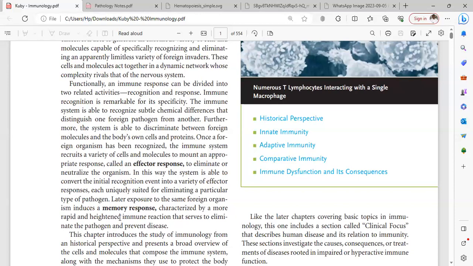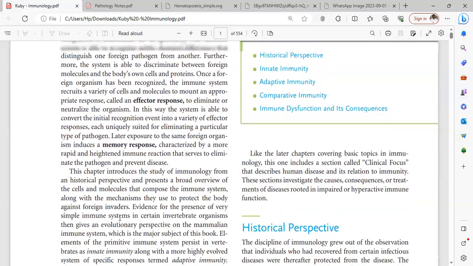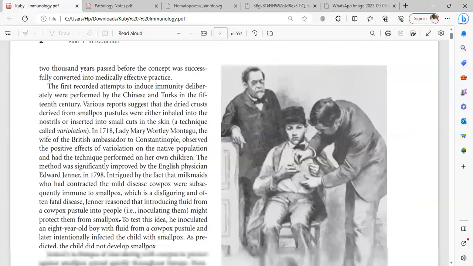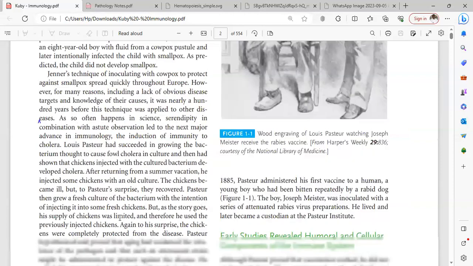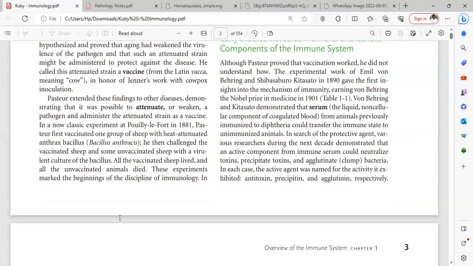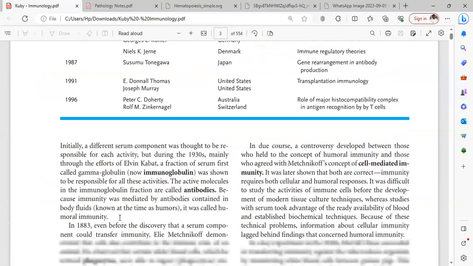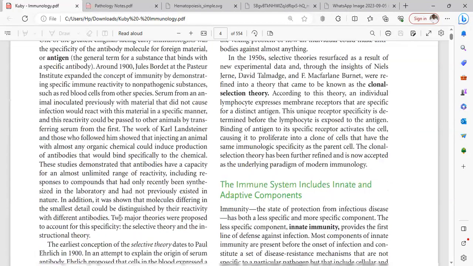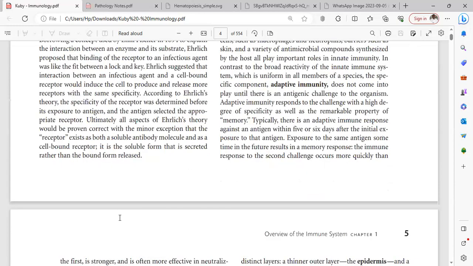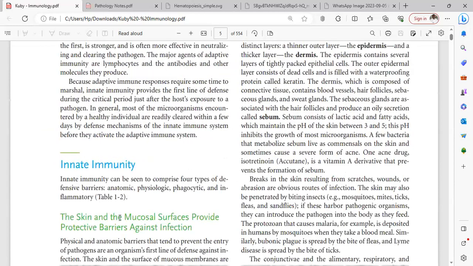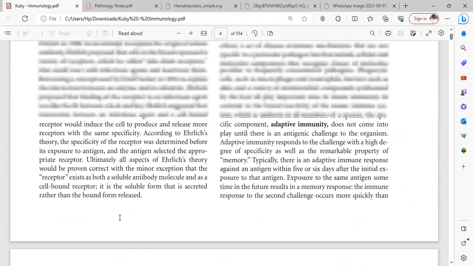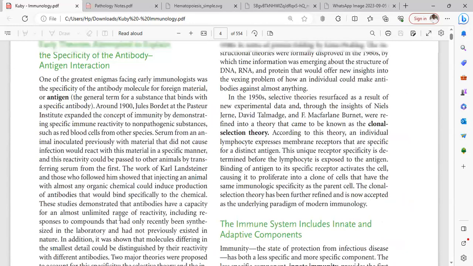After that, we'll go straight to the classification of innate and adaptive. This is basically the history. This is chapter 1, I assume. So we start from here.